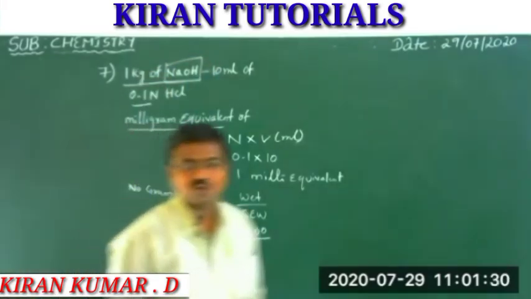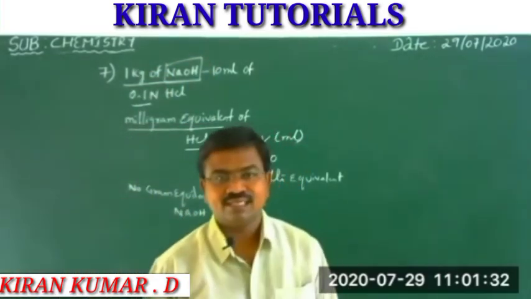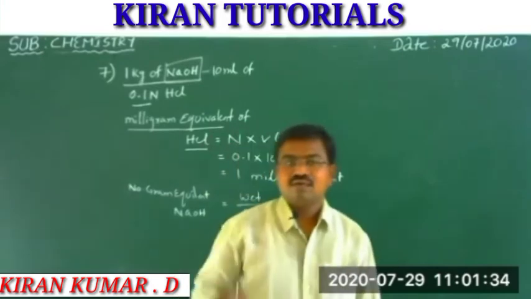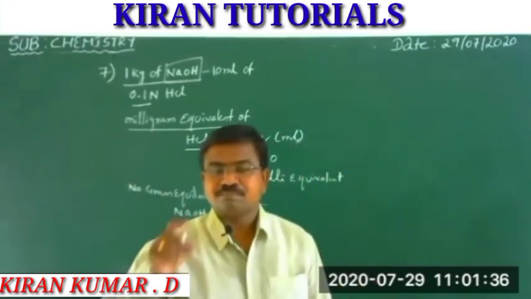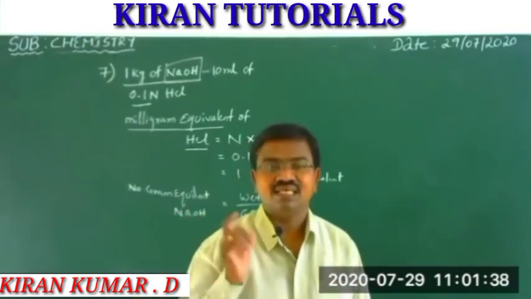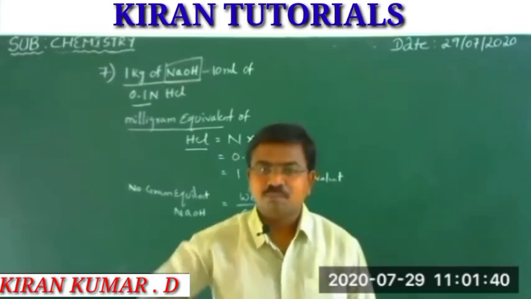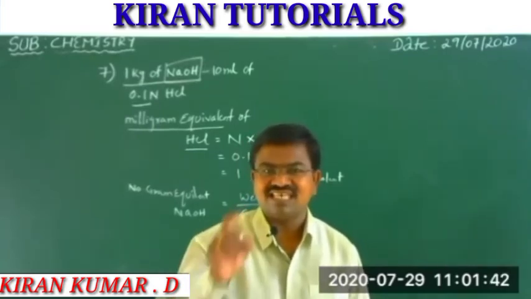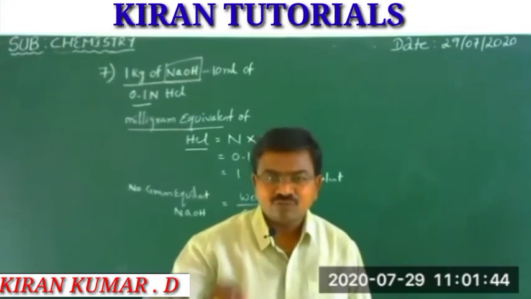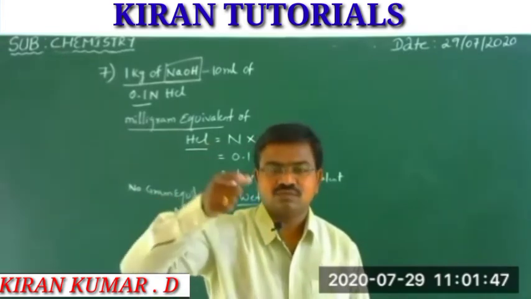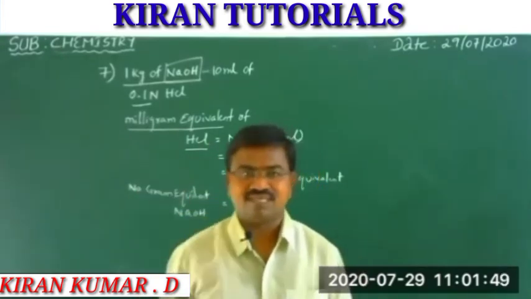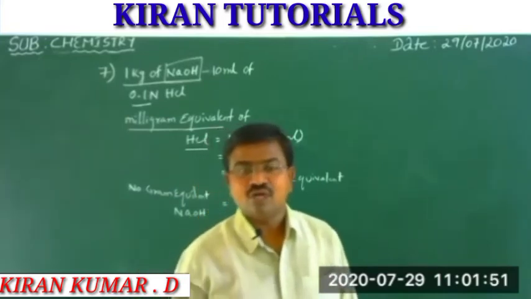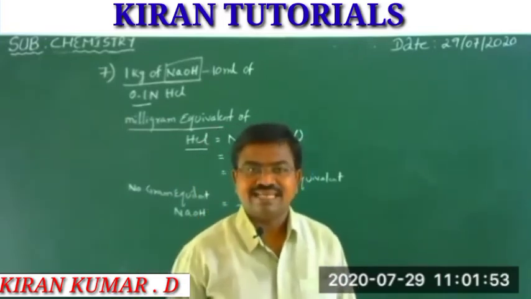How can you calculate gram equivalent weight for base? Molecular mass by acidity. What is acidity? Number of OH minus ions. How many OH minus ions are in NaOH?